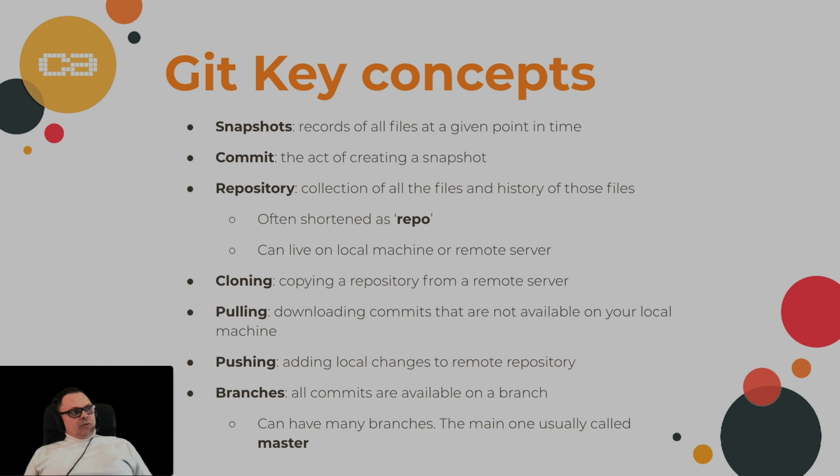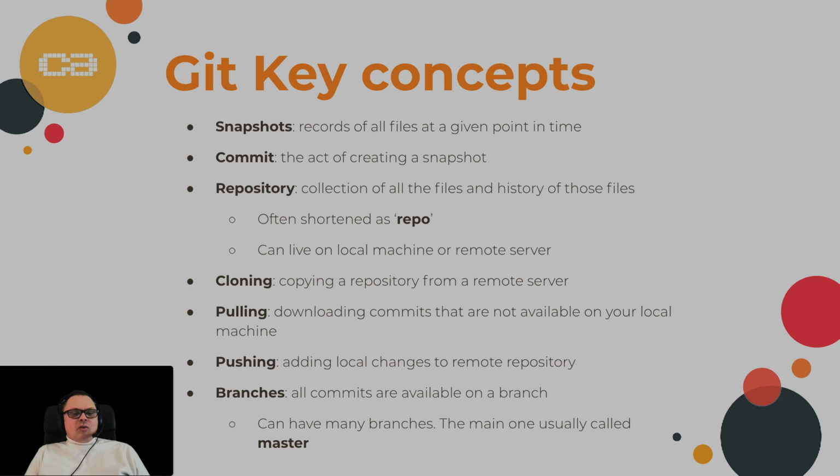All right, so if we take a look at some key concepts of Git, some of them will actually come into play when we do the demo. There's an idea of snapshots in Git, which is the actual recording of all files at any given point in time.